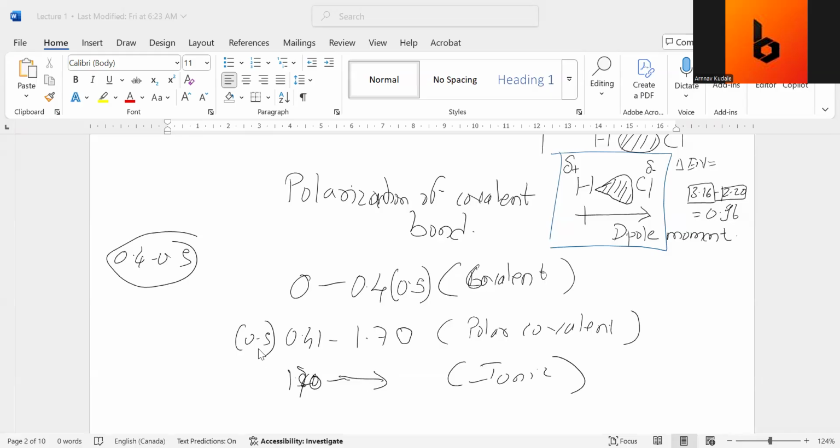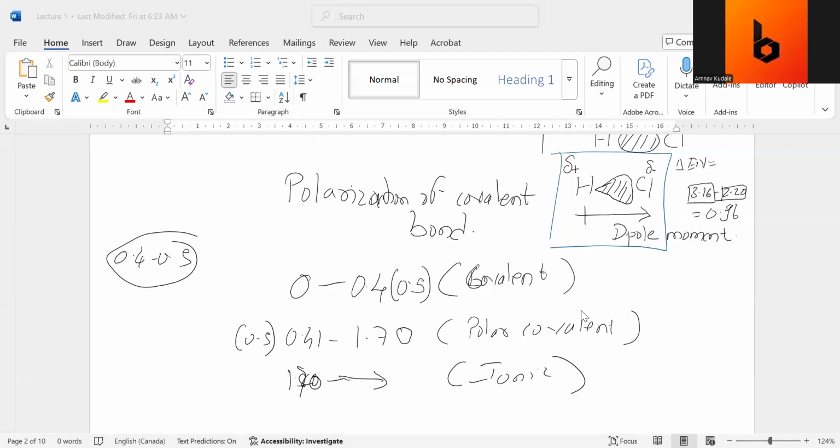But if the difference is greater than 0.5 up to 1.7, there is a shift in the electron cloud towards the more electronegative atom. That means there is polarization, and that is called a polar covalent bond, formed by sharing, but the tilt is towards the more electronegative atom.